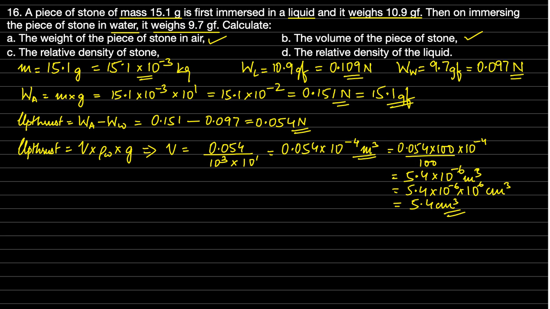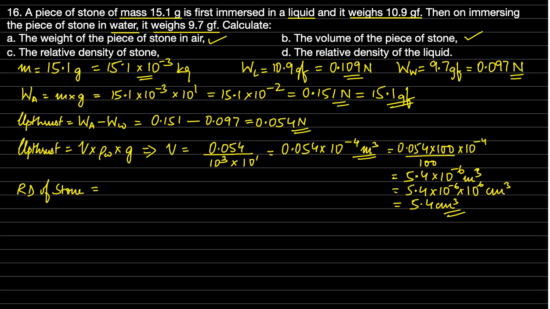So here the next thing which we need to find is relative density. So for finding relative density of the liquid, relative density of the stone we need to find first. So for finding the relative density of the stone, I would write here Rd of stone. So Rd of stone, so that would be our third part actually.